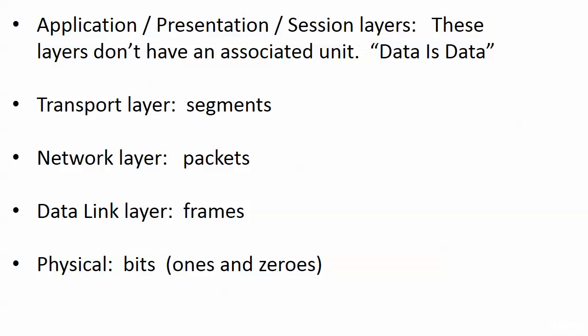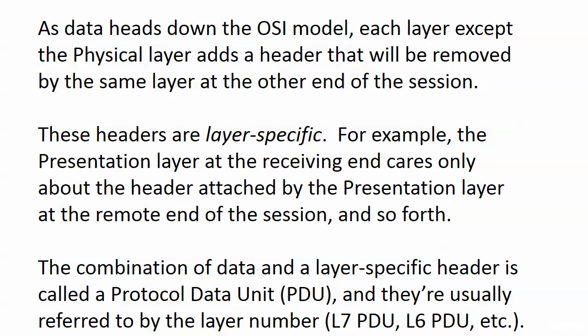At the network layer, we're dealing with packets. At the data link layer, we're dealing with frames, and we're almost there. And then at the physical layer, it's all ones and zeros. We're dealing with bits. So again, just be aware that on your exam, if they're talking about packets, it's L3. A router's dealing with it. If they're talking about segments, it's a transport layer question. So you've got to keep those in mind.